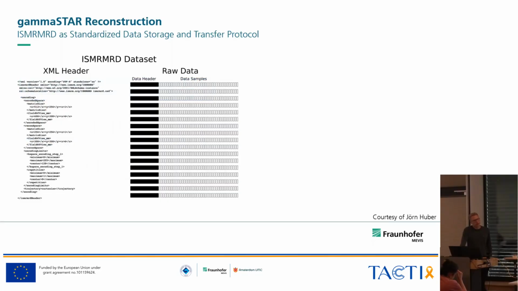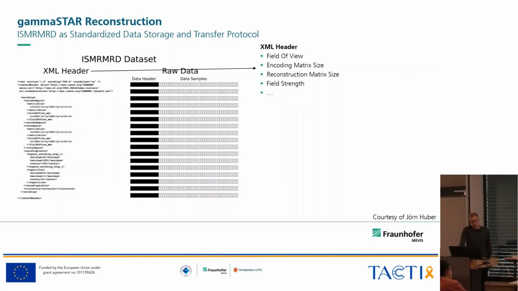So the basic concept is that you have a so-called ISMRMRD data set, which consists of a so-called header file and a data file. The header file basically consists of information which belongs to the principal setup of your experiment, like matrix size, field of view, the desired reconstruction size of your image, the field strength and stuff like that.